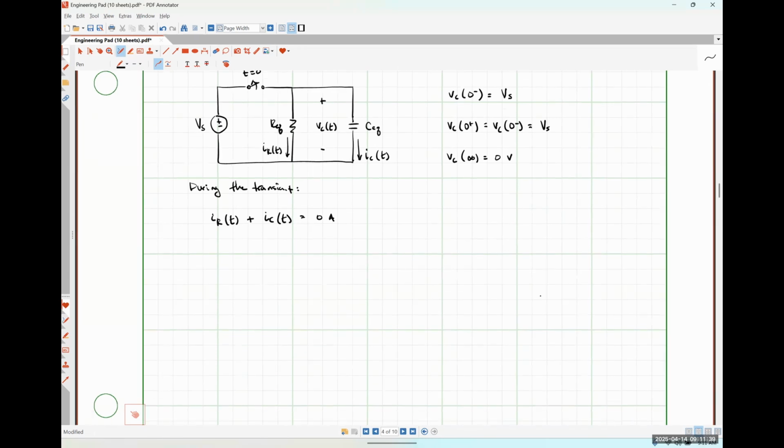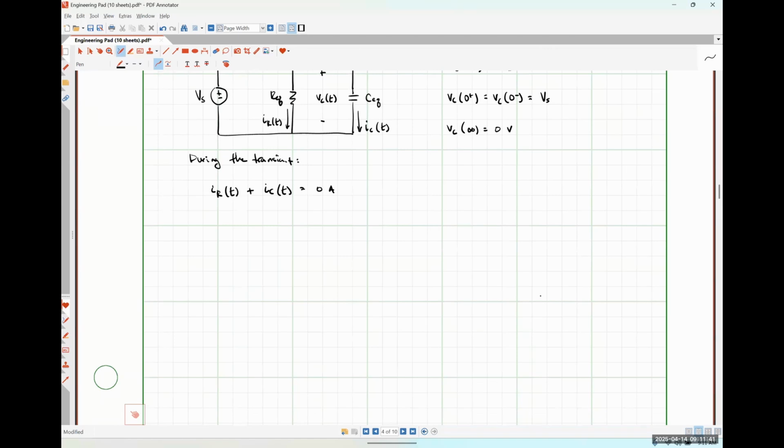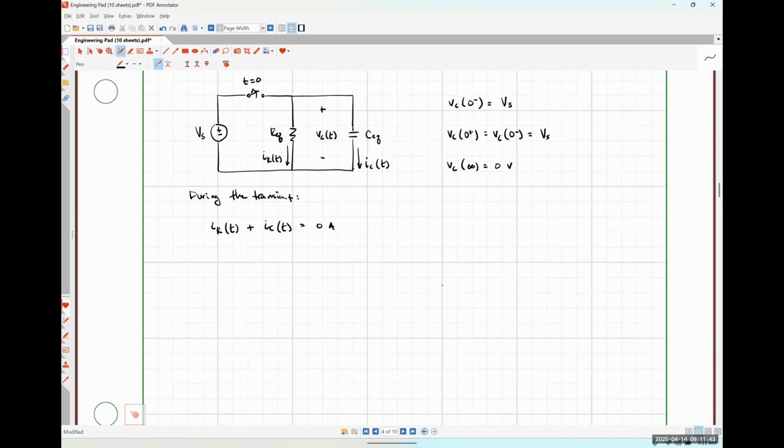I could express both of these currents in terms of my capacitor voltage. So that would be VC of t divided by R plus C dVC by dt equal to 0.